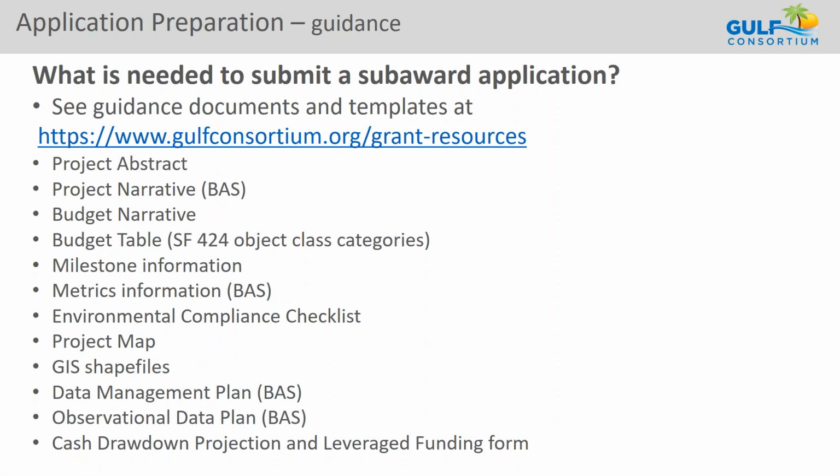And that shows up in terms of just a sentence referencing some type of peer-reviewed literature or white paper or some type of engineering report. And that shows up mostly in the project narrative and the observational data plan.